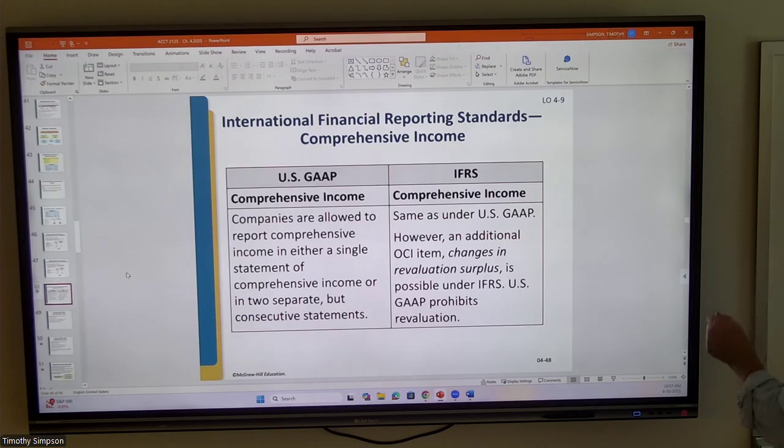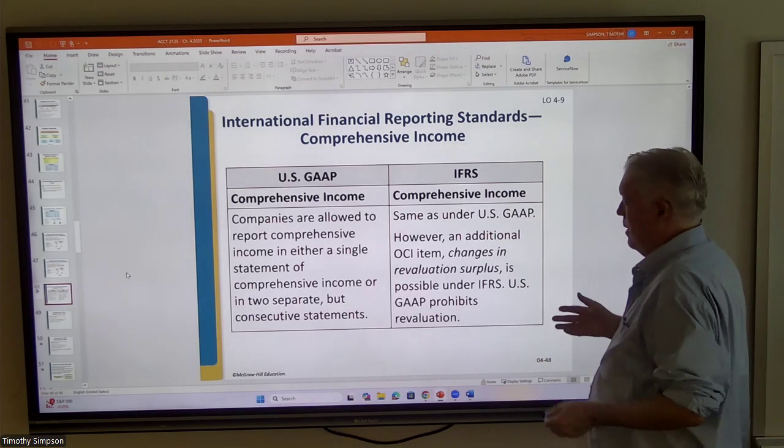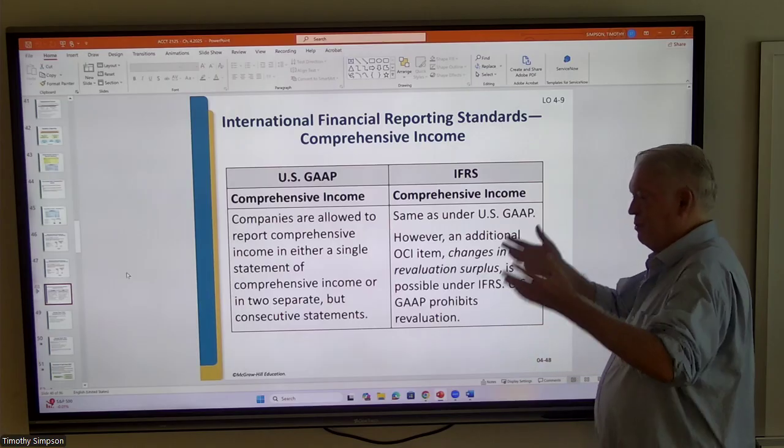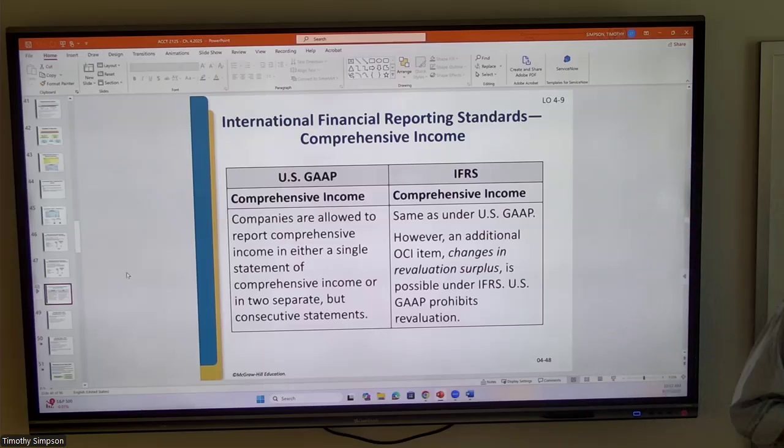We're talking about particularly long-term assets, tangible or intangible, either one, where the fair value has risen, so as a result, we're going to step this up. And as a result of stepping up that value, we're going to include this under OCI, that is an increase in income as a result of the fact that this asset has risen in value.